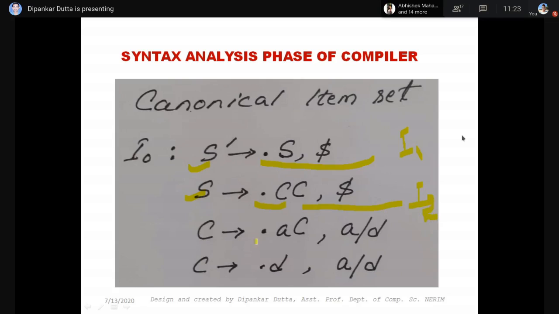And then this dot A will be computed in I3 and this dot D will be computed in I4. Okay. So then in I3, what we will compute? C implies dot A comma AC comma A oblique D, and this dot position will be advanced to this position. How?